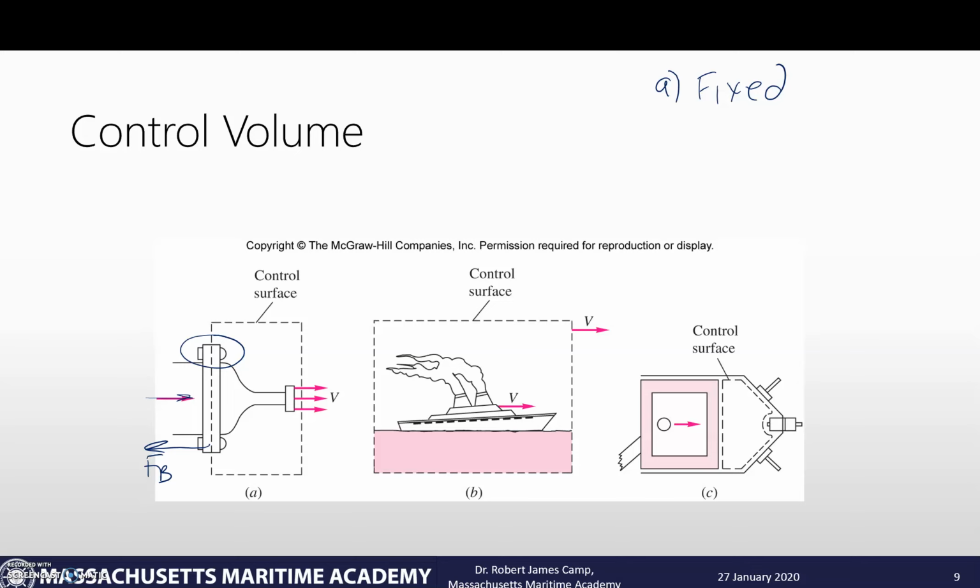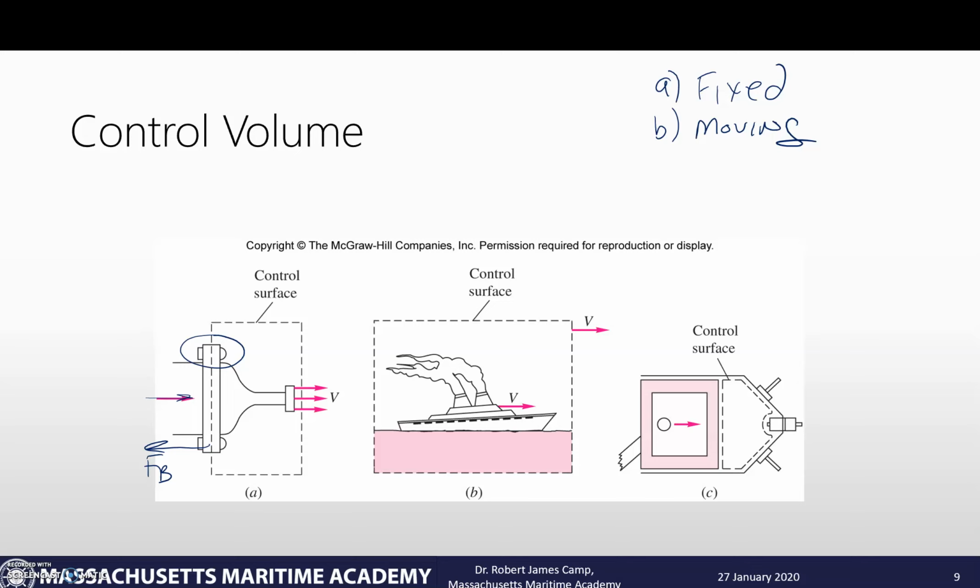If we move to the second one, B, we call that a moving control volume. A moving control volume we typically use with things that move, like a ship, a plane, a car. We match the speed of the control volume to the vehicle. Since our control volume is moving at the same rate as the object we're looking at, it allows us to snapshot in place what's going on, and it doesn't move anymore because everything's moving at the same rate.